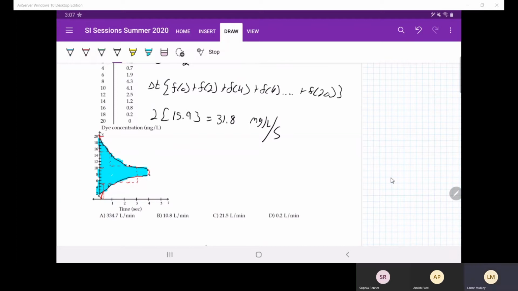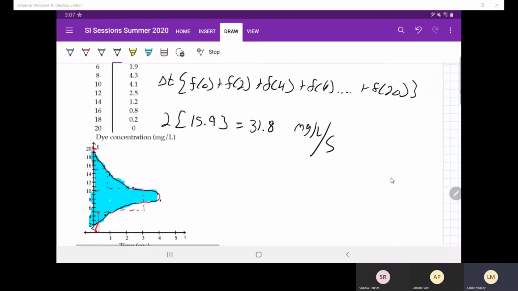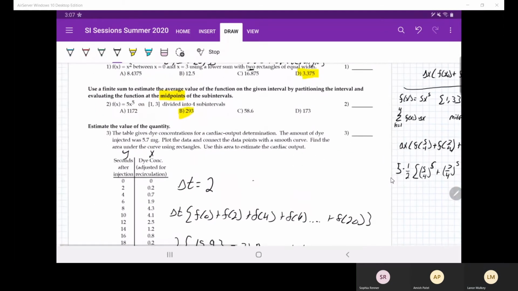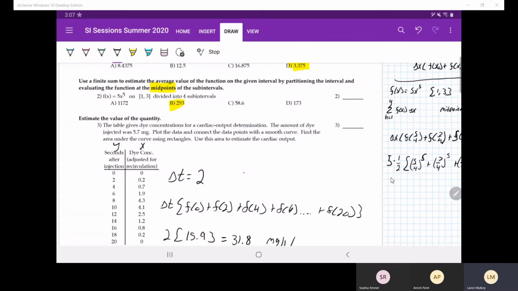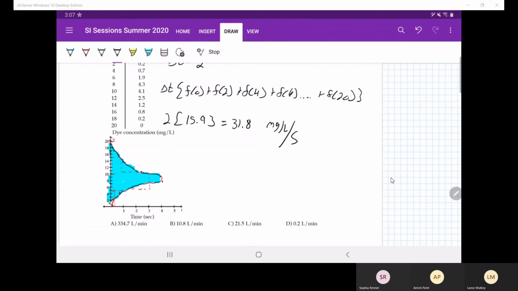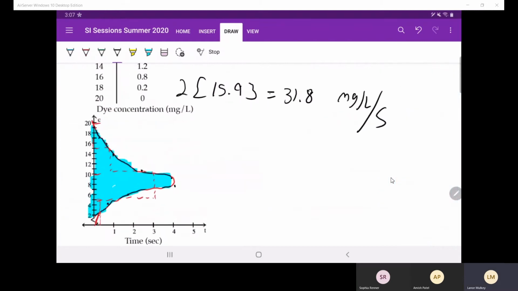The liters is what's screwing with me, because this one's obviously in milligrams per liter and this one's per second, and that's how you graph this. 5.7, that's the original amount of dye. Was that supposed to come into play? Because all you're looking for is the area under the curve, and we graphed everything. And that wasn't supposed to come into play, in my opinion.